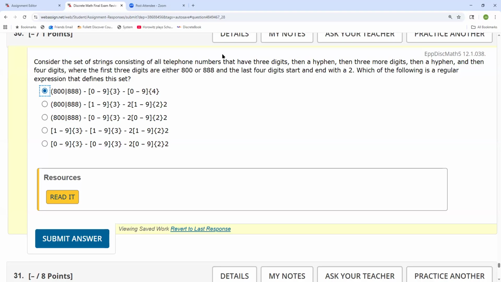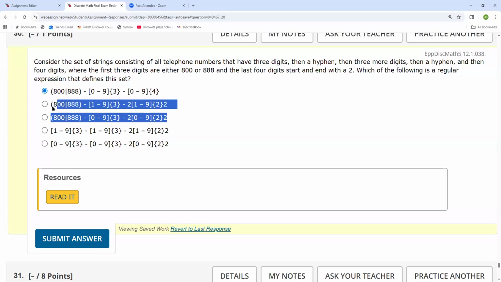Okay, but that's not the right answer though, because it says that it has to have the last 4 digits start and end with a 2. So it cannot be that answer. It has to be one of these 2 answers. So which of these answers is correct? Those are the only 2 possible answers that are right. The bottom one, and why is that?